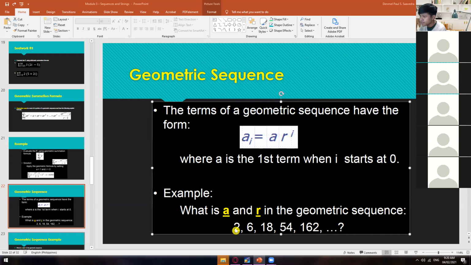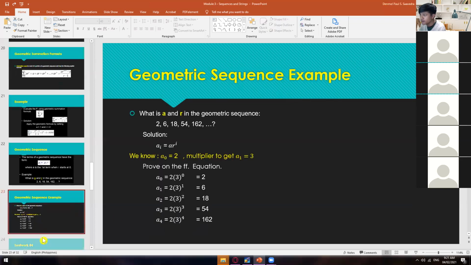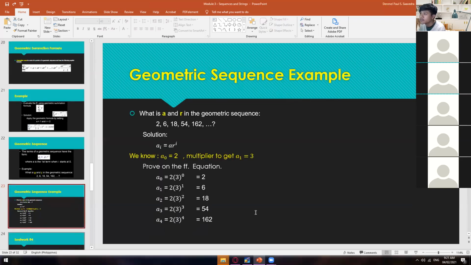So A here is 2, and R here is 3. I here is already given, so as always, you will start with 0 and then increment by 1. So raised to 0, raised to 1, raised to 2, raised to 3, raised to 4, and so on and so forth. That's how we got the values of A and R. So we have this given solution.